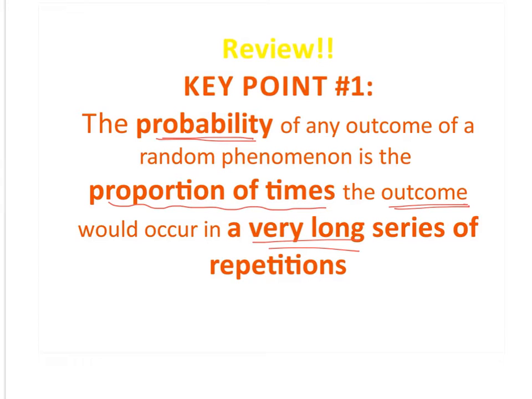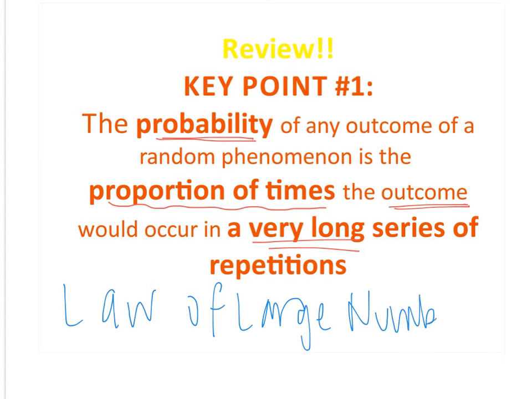And this goes back to the law of large numbers, which is super important. That is a key point. So if you don't have this in your notes from the other day, write it down now, and let's make sure that we always reference that idea that probability is the proportion in a long series of repetitions.